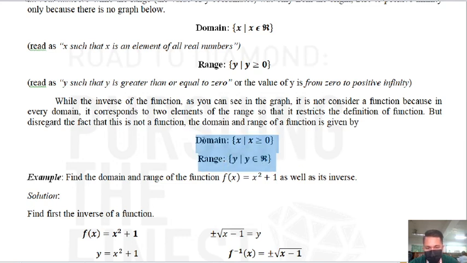So, ganito ang pagsulat ng set notation in finding the domain and range. If you compare this to the domain and range of the original function, nagpalit lang sila. Domain naging range dito, the range naging domain. So, that's how you do it.